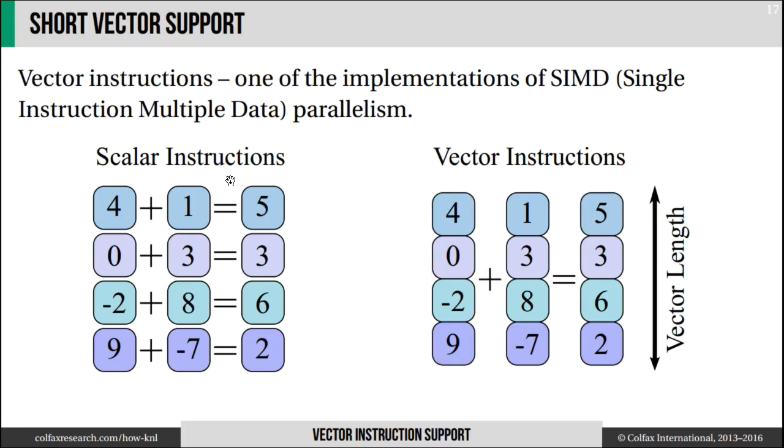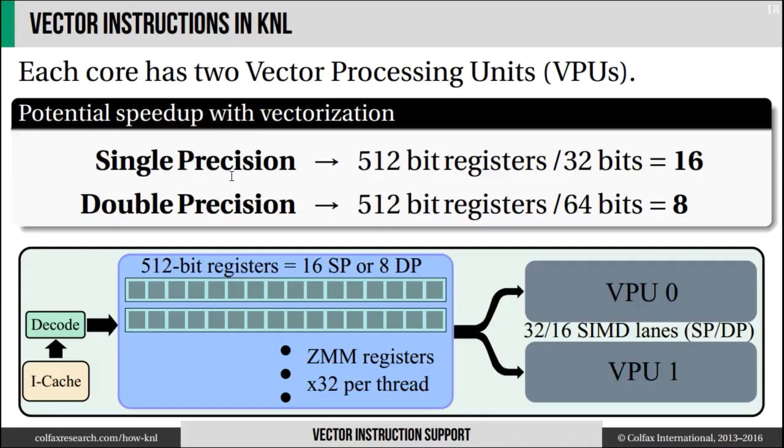How many numbers I can fit into a vector register is determined by the instruction set supported by my CPU and by the data type with which I am working. In Xeon Phi processors, the instruction set supports 512-bit vector registers.